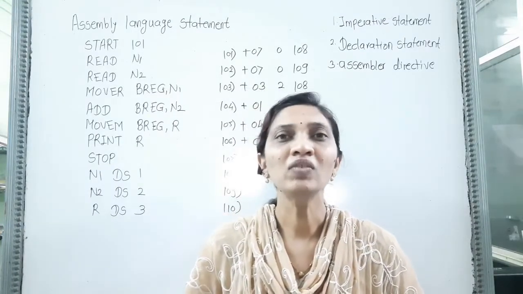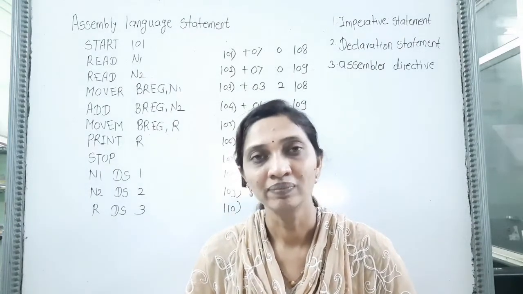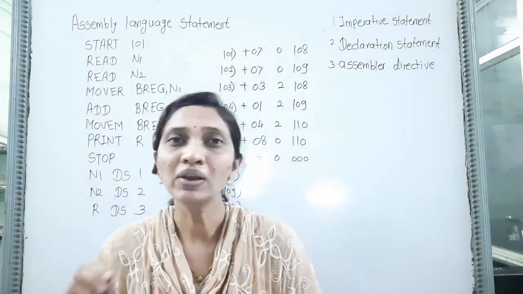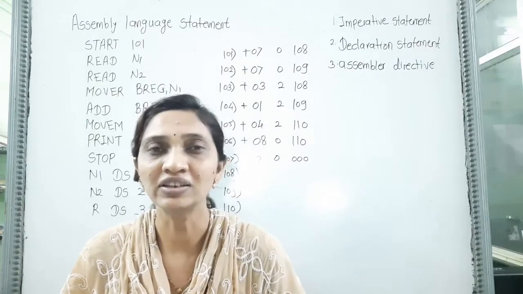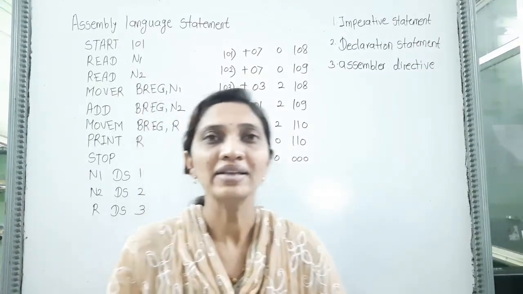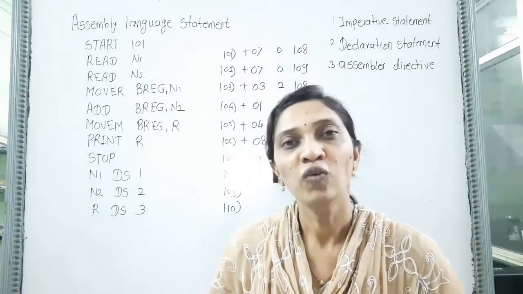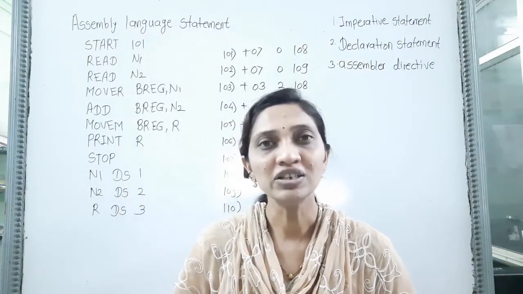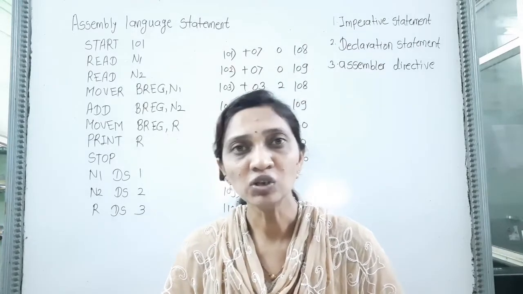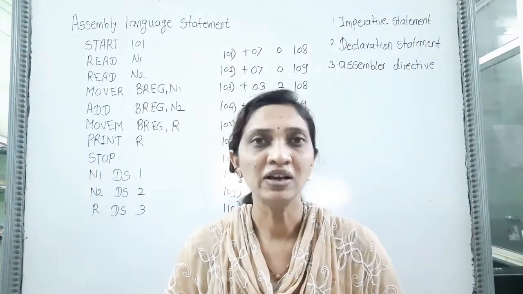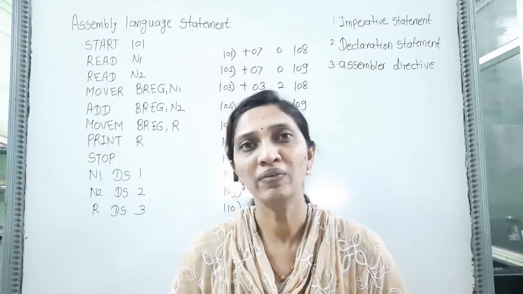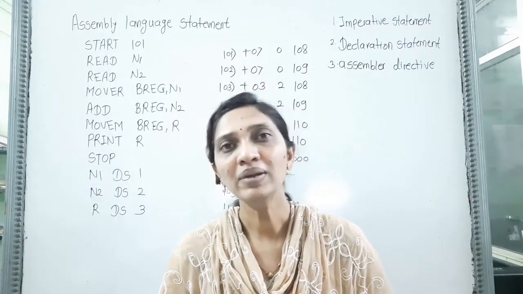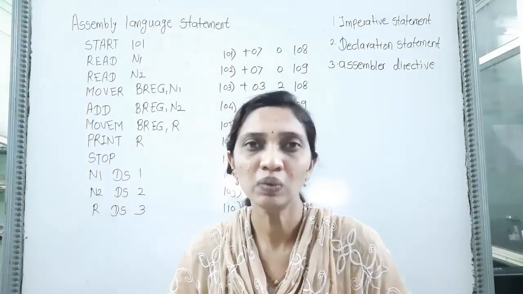Which statement do we call an imperative statement? The statement which performs a particular or certain action is known as an imperative statement. For example, if our program contains an instruction for addition of 2 numbers, which is an arithmetic action, then that statement is an imperative statement.